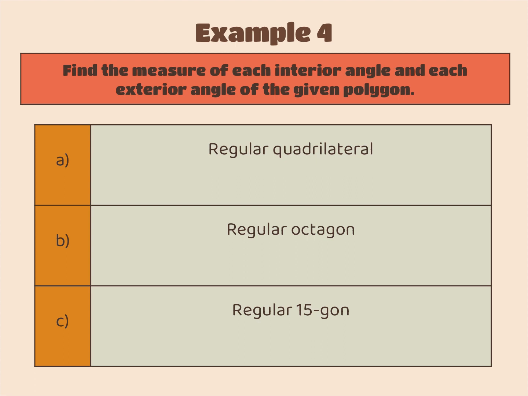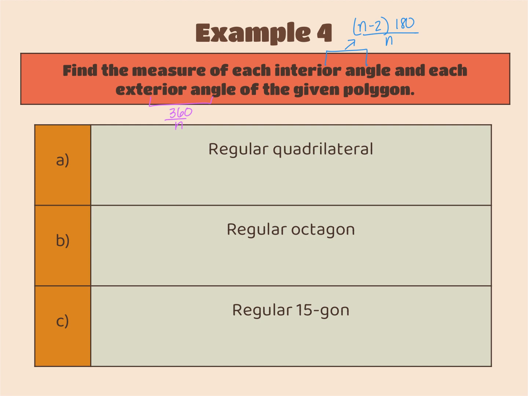For my interior angles, I'm going to use my interior angle formula, which is n minus 2 times 180 divided by n, because this is for a regular polygon. And then for my exterior angles, I'm going to use 360 divided by n. Why am I dividing it by n? Because again, all the angles are going to be congruent, so I want to know the total for each angle.